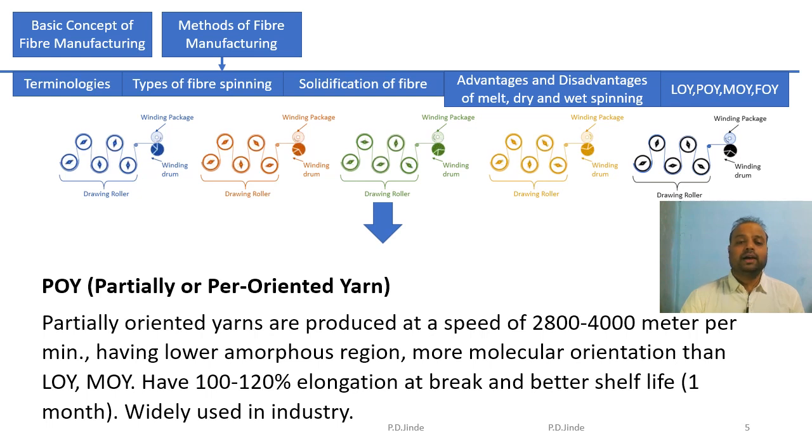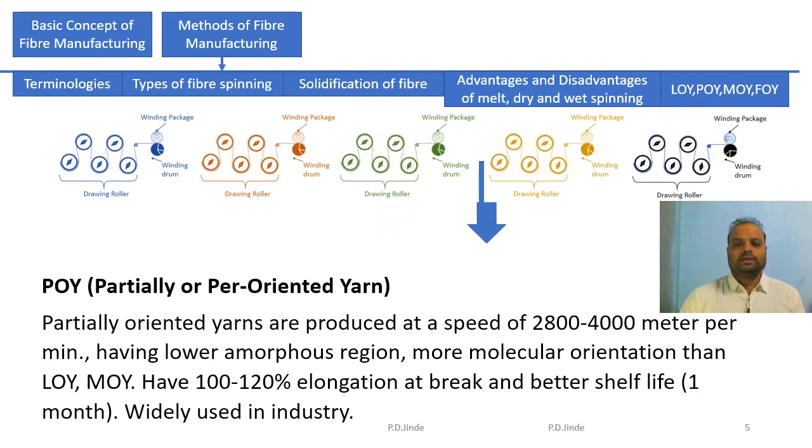It can have 100 to 120% elongation at break, and a better shelf life relative to LOY and MOY. These are widely used in this industry because partially oriented yarn has an application in textured yarn manufacturing.